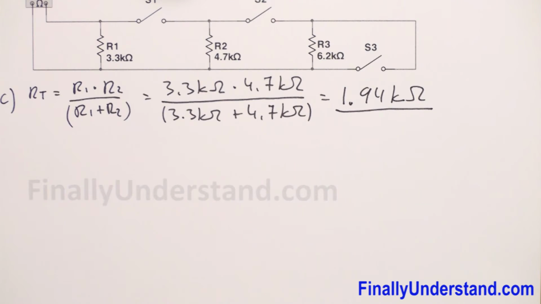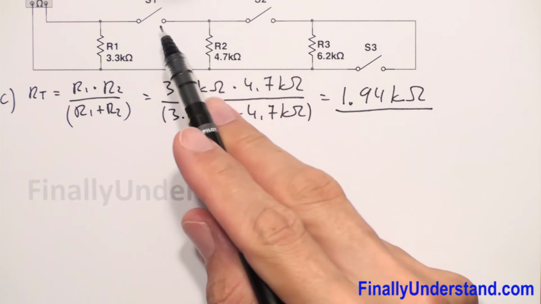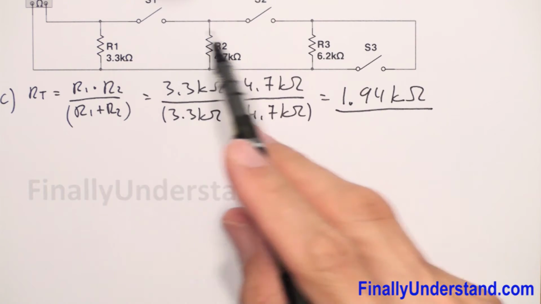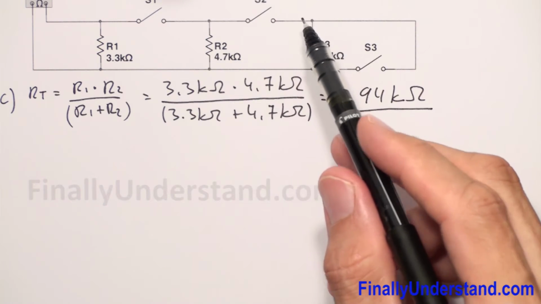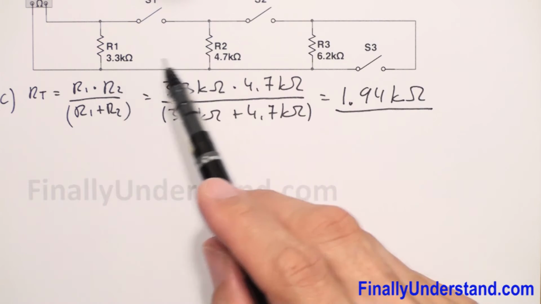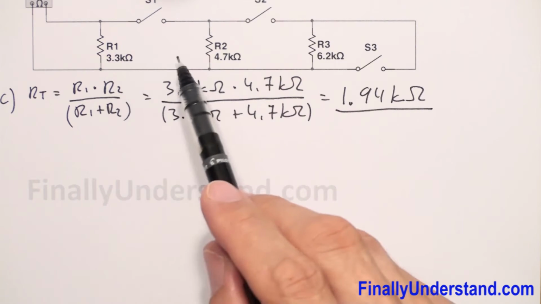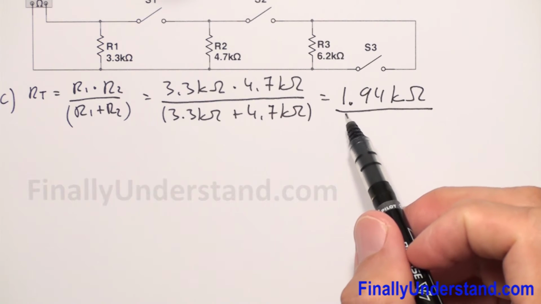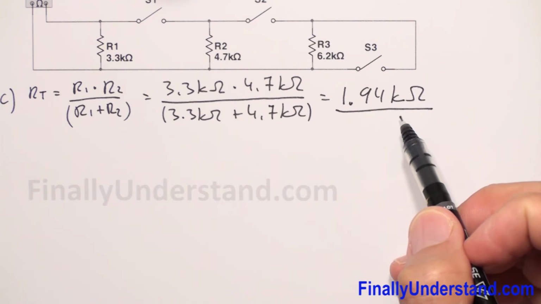So when switch 1 is closed and switch 2 is open, the total resistance is going to be the resistance of these two resistors together, and this is equal 1.94 kilo ohms.